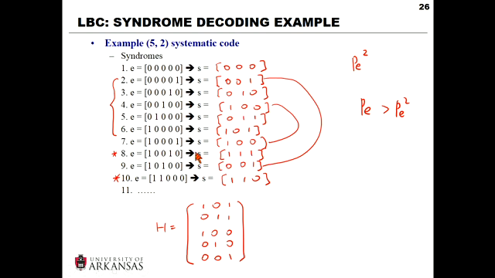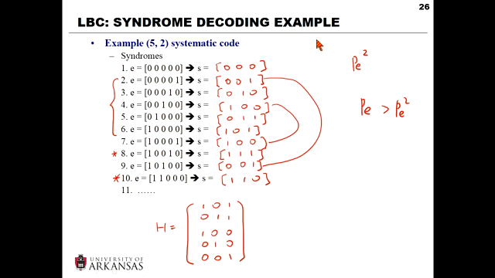So for this particular code, it can correct all 1-bit errors. If there is just 1 bit of error, this code can correct all of them. And it can correct some of the 2-bit errors, but not all of them. And it can do nothing about 3 bits of errors. If there are 3 bits of error, even if we make a detection based on the syndrome, the decision will be wrong.